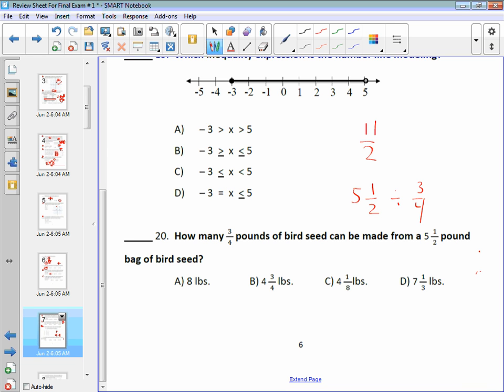Keep, change, flip. It's a 3/4 already, so I'm going to change this to multiplication and flip this upside down. Then you can cross-reduce this, and you'll wind up with 22/3, which is a top-heavy number, and 3 goes into 22 7 times with 1 left over. 7 1/3.